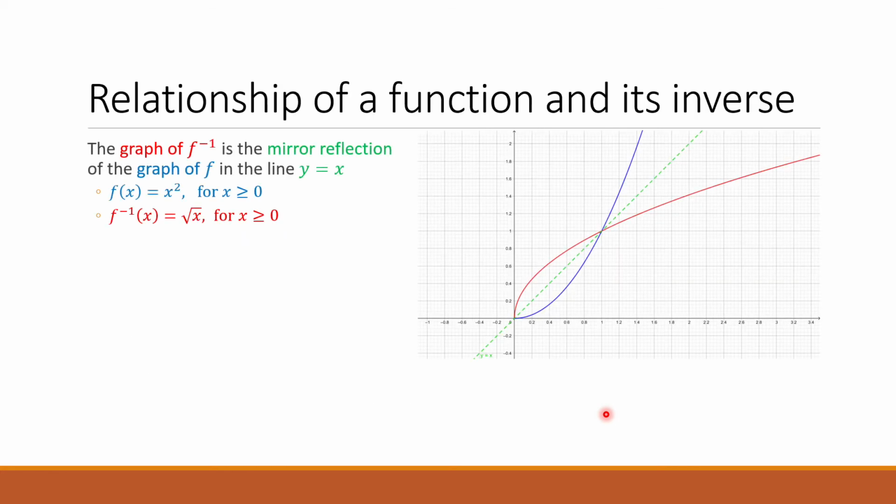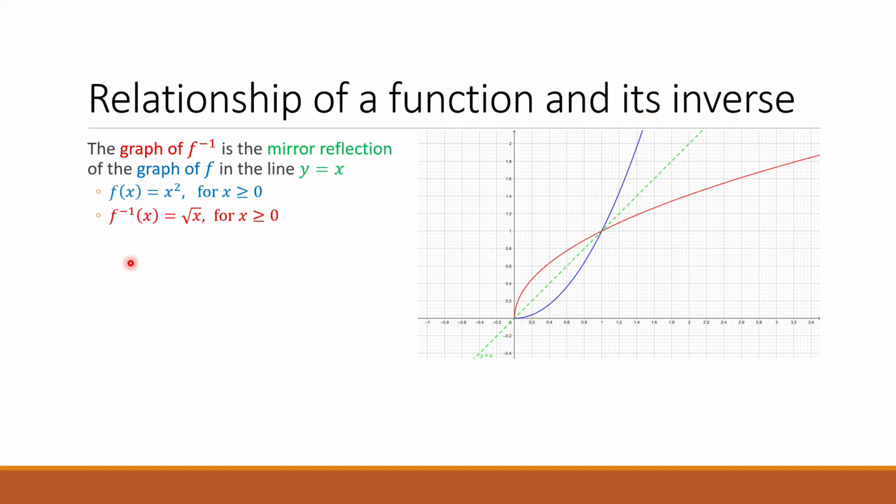The next part is to understand the relation of a function and its inverse. Graphically, the graph of f inverse and the graph of f are just a mirror reflection of each other in the line y equals x. I have an example for you here. The blue graph is a simple quadratic function, f(x) equals x squared.